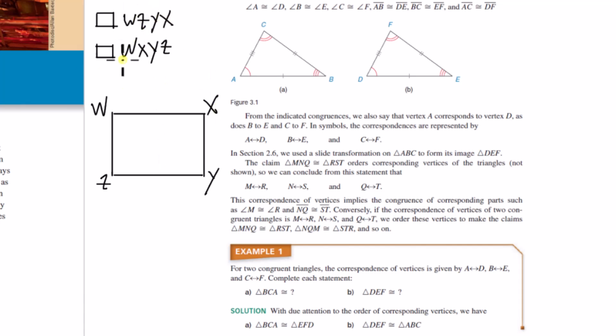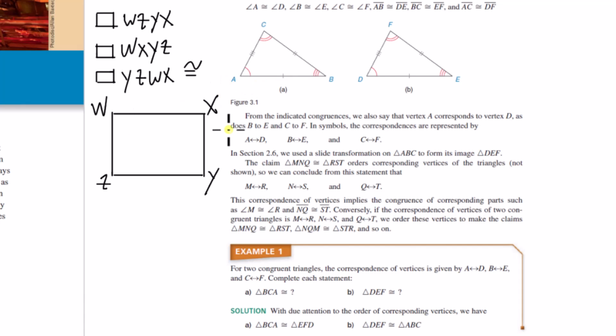I guess you'd want to be nice and put it in alphabetical order if you can, but this would be acceptable. Because side WZ is also side ZW, right? That's the same side. Or you could do rectangle YZWX, and that's acceptable. Now, if you're pairing this up with a rectangle that's supposed to be congruent to this, then it matters which one you put first, because you need to make it clear what corresponds to which.